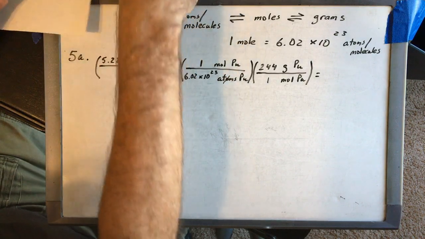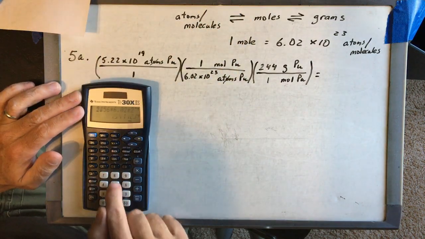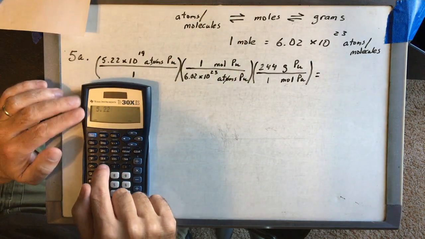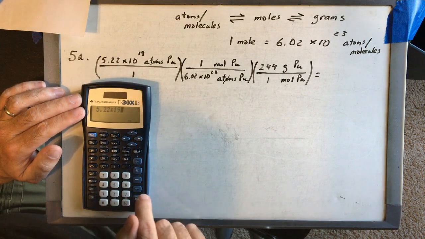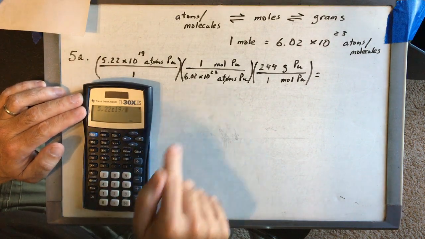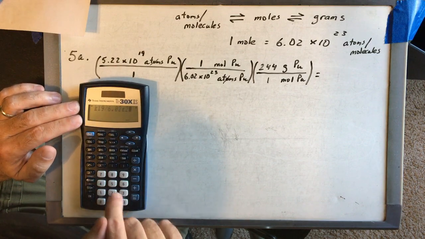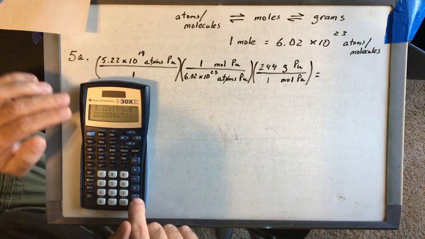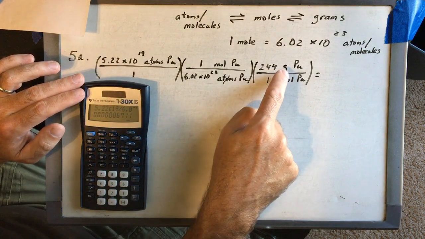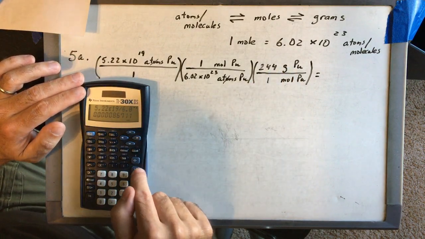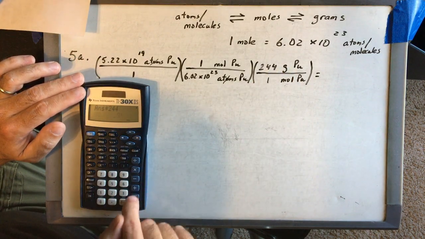Okay, so in your calculator, we start with 5.22, hit the second function double E button to the 19th. Divide that, since it's on bottom, 6.02, second function double E to the 23rd. All right, and then we're going to multiply that number, since it's on top, times 244.